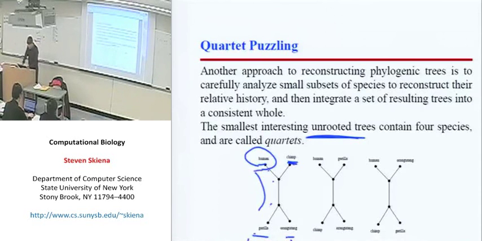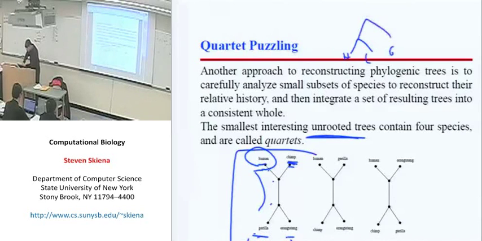This is sort of saying that human and chimp are closer to each other than they are to gorilla and orangutan. If we had this kind of a quartet, what kind of a tree might satisfy that as a rooted tree? Maybe it's something like human, chimp, gorilla, orangutan. Does everybody see that? In this case, human is closer to chimp, and orangutan is closer to gorilla, right?